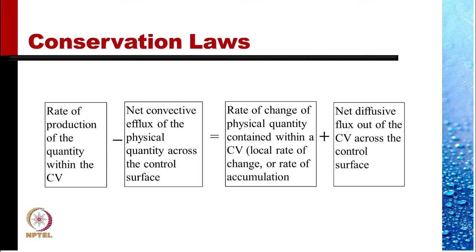While the diffusive flux, which is the second quantity on the right, is a quantity that crosses the control surface, not in association with the mass, but because of something like temperature difference. The energy may be lost because of temperature difference, diffusive loss. Mass is not lost diffusively, momentum is not lost diffusively, but the energy is lost diffusively.